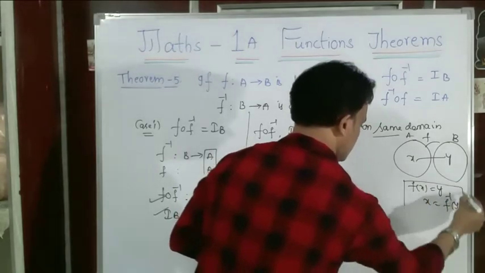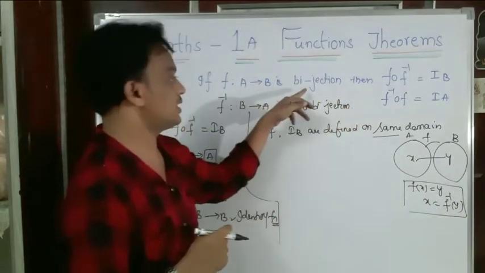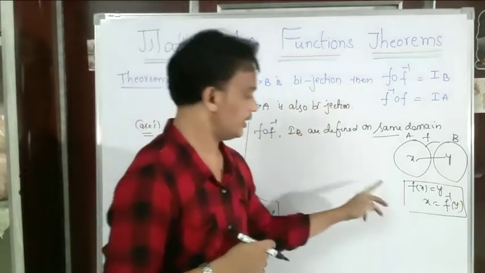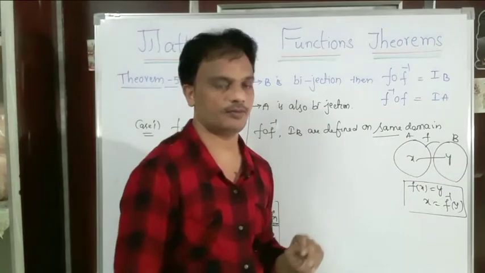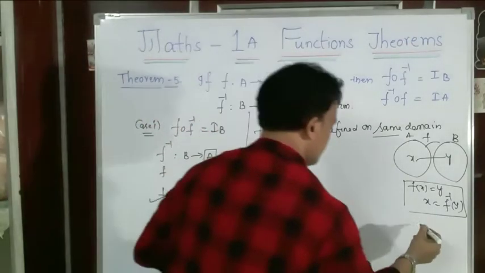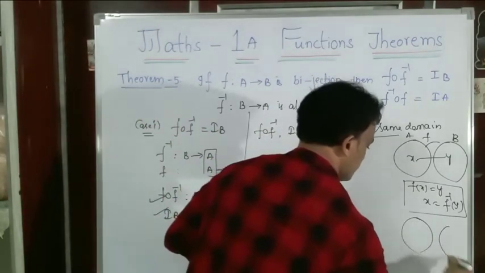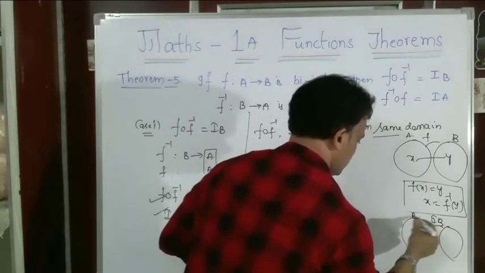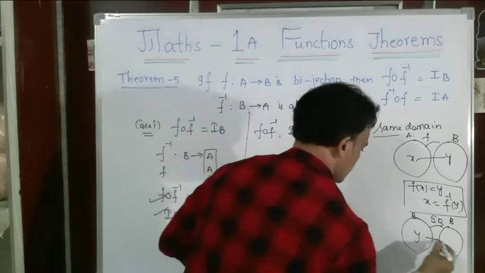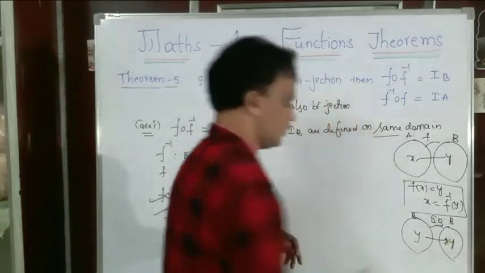The inverse will also exist, since a bijection has an inverse. And I_B is the identity function defined from B to B, which means image and pre-image are equal.